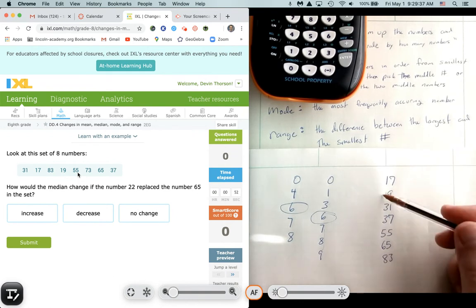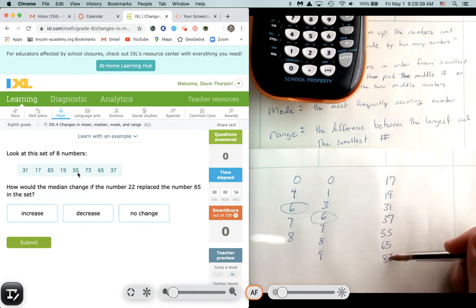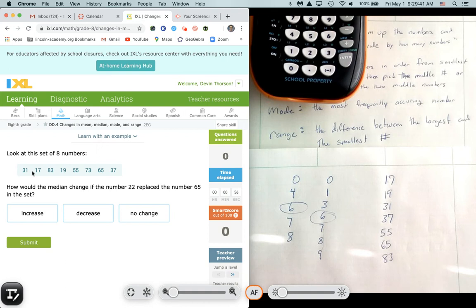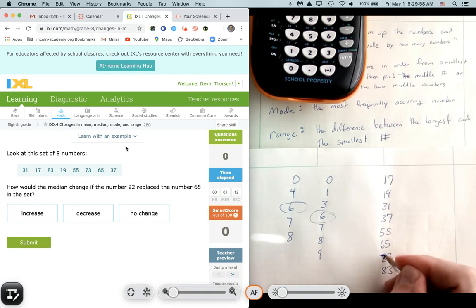So I have 1, 2, 3, 4, 5, 6, 7 numbers, and so I've missed one, obviously. Let's see which one I missed. 17, 19, 31, 37. Oh, I didn't get the 73. So I'm going to put the 83 down here a little bit and scribble this into a 73.